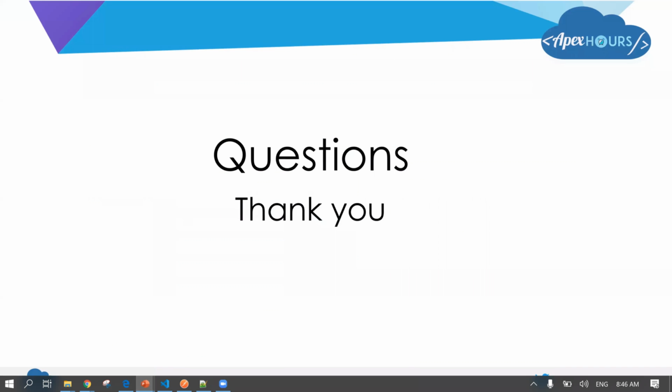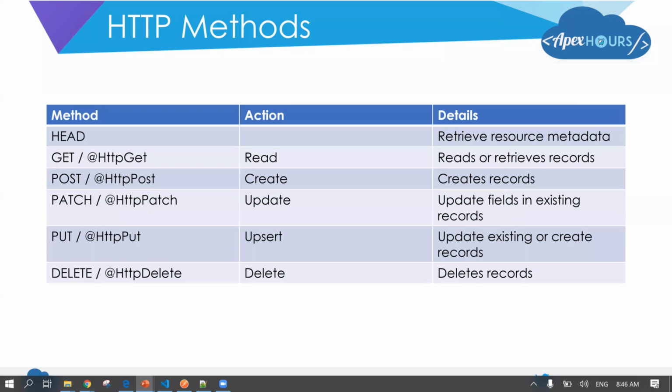Absolutely. Let me jump back to this slide. Any application needs a mechanism to authenticate. OAuth 2.0 is Salesforce's recommended way, and it needs to interact only through OAuth 2.0.